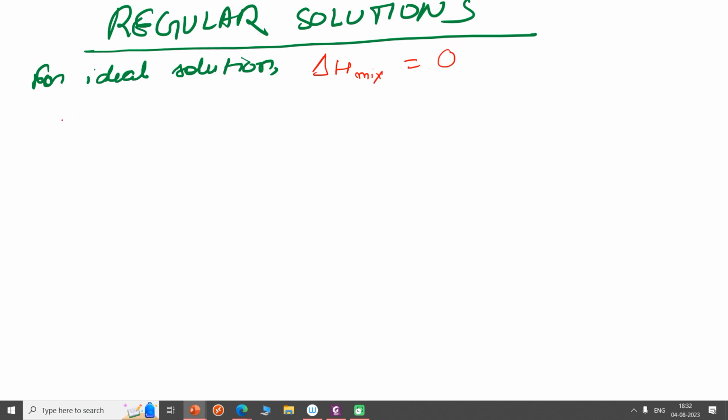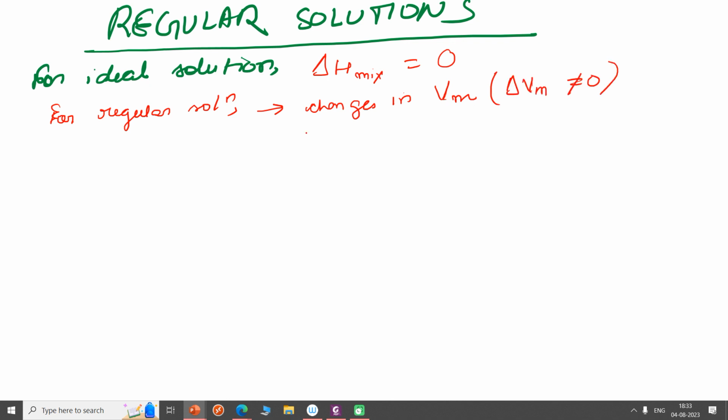But for a regular solution, we have certain changes. We have changes in the molar volume, so delta Vm is not equal to 0 in real cases.